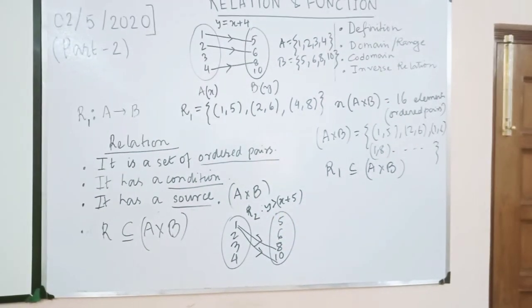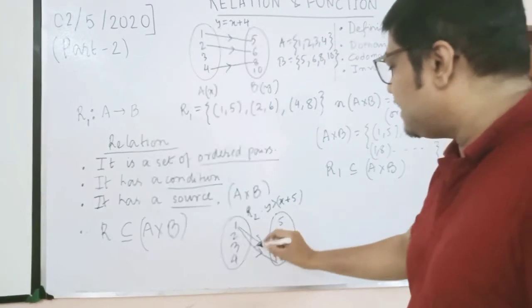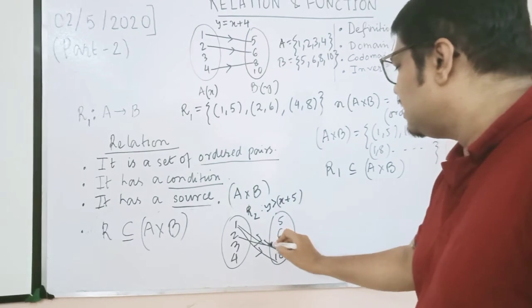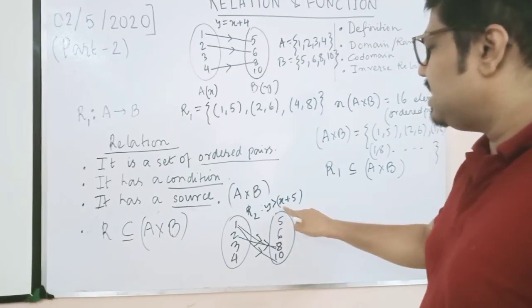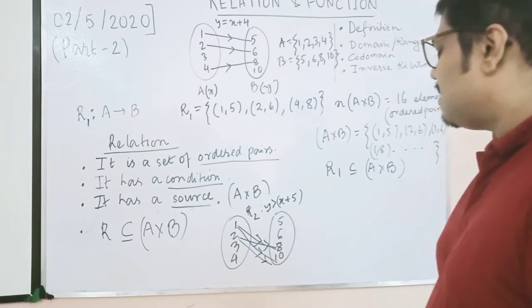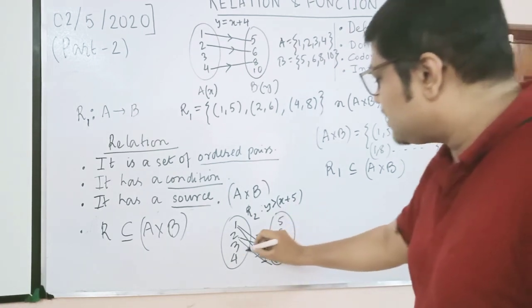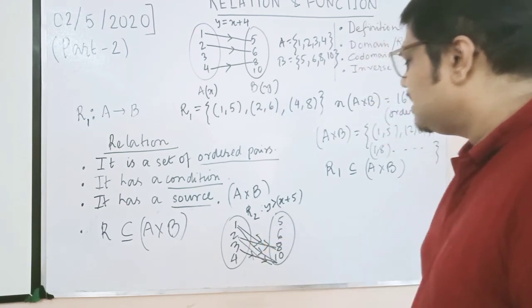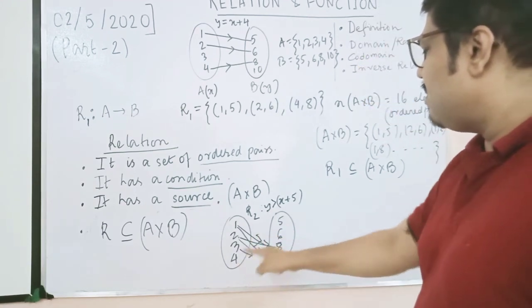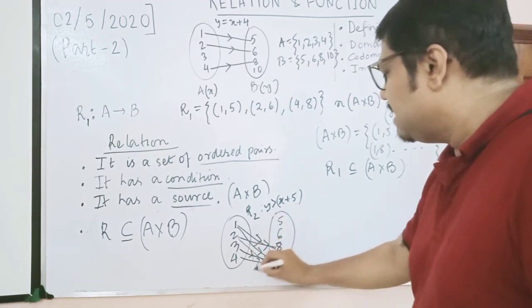Okay. Again if you put 2 over here, you get 7. So something bigger than 7, that means (2, 8) is possible. Okay. If you put 2, (2, 10) is also possible. Okay. If you put 3, it becomes 8. That is not possible. Only (3, 10) is possible. Okay. And if you put 4, now 4 plus 5 is 9, only (4, 10) is possible. So what we got?